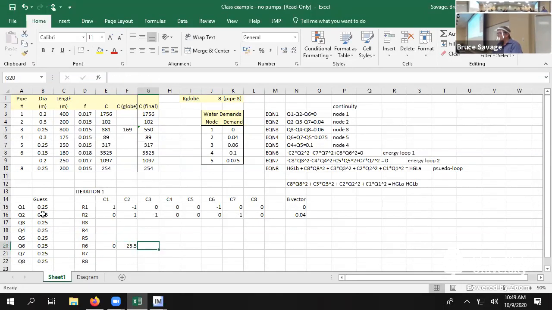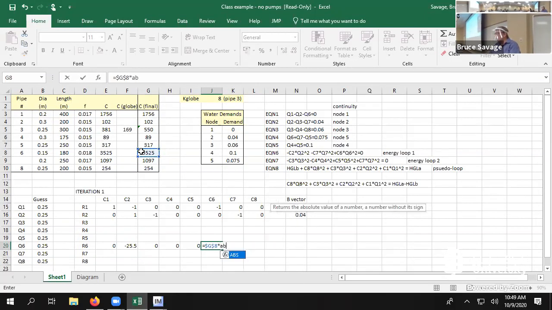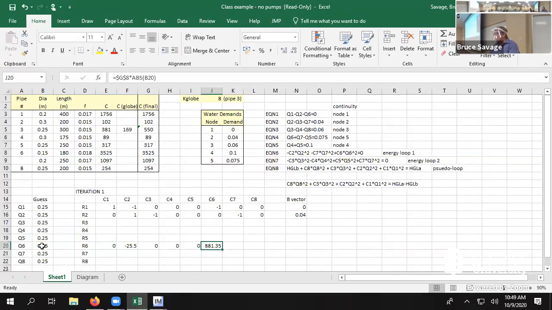Right? And I go to C sub 3, and C sub 3 is 0. And I go to C sub 4 and it's 0. And C sub 5 is 0. And C sub 6 now is a positive value. So I'm going to come over here and grab C sub 6, make that absolute, times then the absolute value of Q sub 6. And there's my value there.